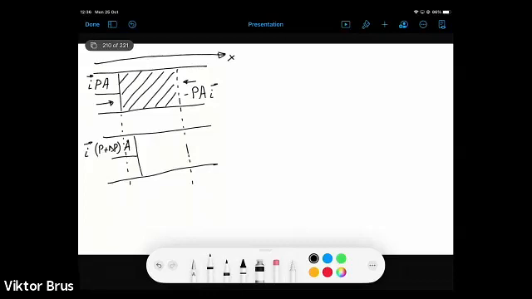So this distance, the piston moved to the right, will represent as Vx times delta T. So this delta T is time interval between the first condition and the second condition.